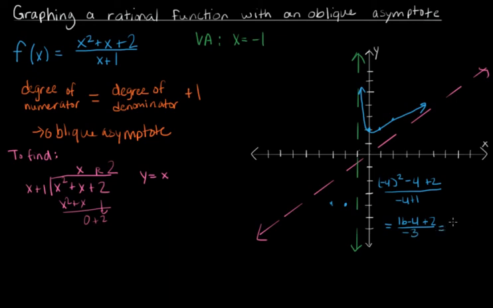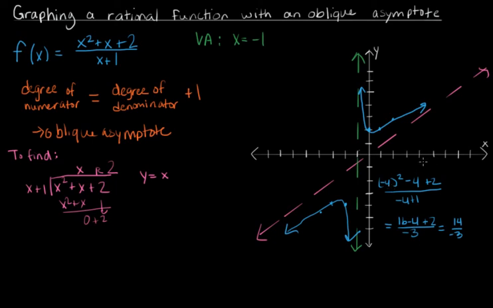So this is 12 plus 2 is 14 over -3, which is going to be close to, but not quite, -5. So this will be like right there. Okay, so same kind of thing is happening over here. We're getting closer and closer to this asymptote. We're coming around and we're getting closer and closer to that asymptote.